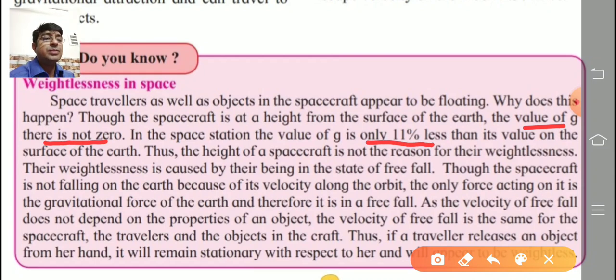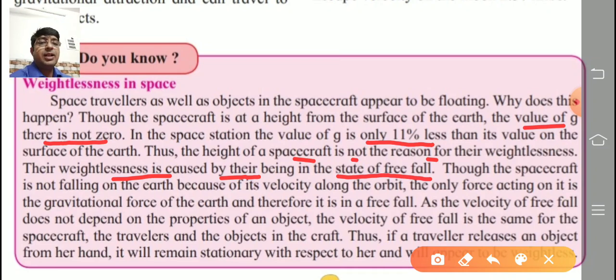Thus, the height of the spacecraft is not the reason for their weightlessness. Their weightlessness is caused by their being in the state of free fall. Underline this sentence.